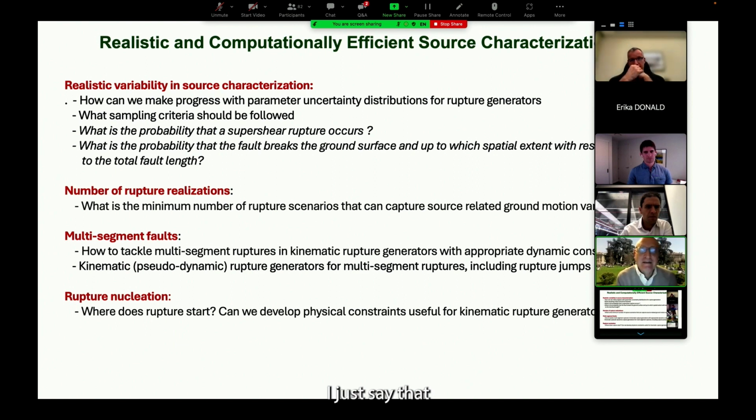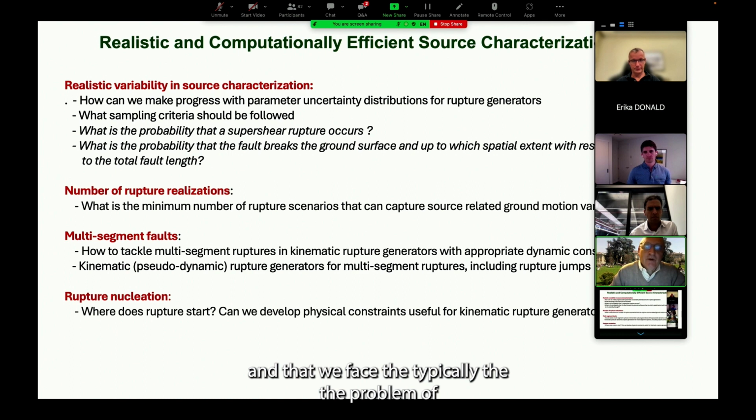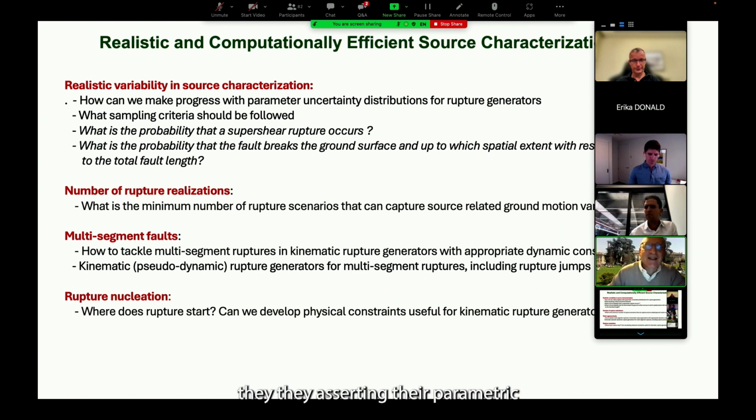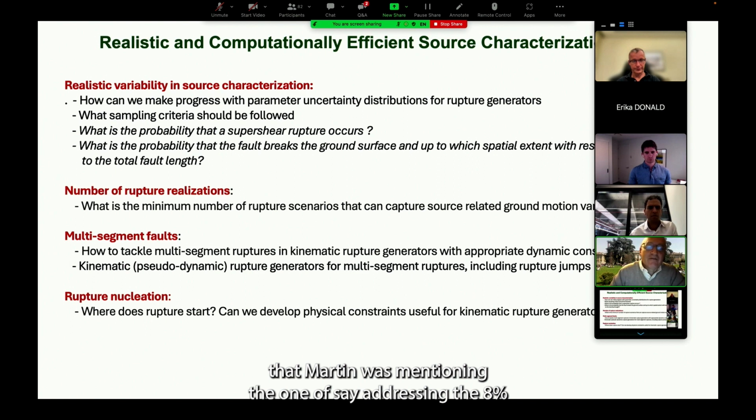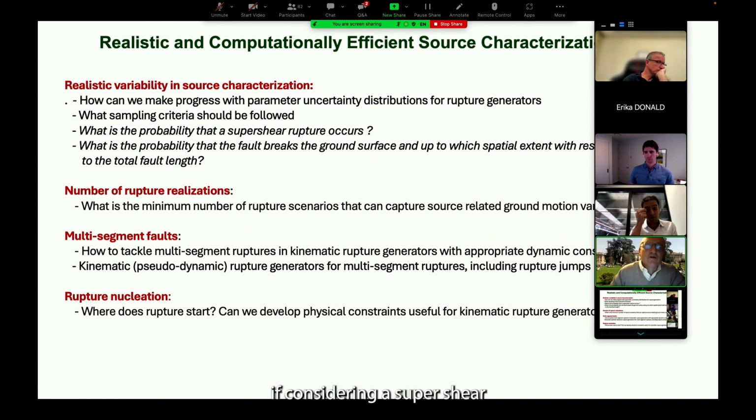I may just say, again from an end user perspective, since I am not an expert of course in source characterization, we actually faced the implementation of different source rupture model generators, and we faced typically the problem of somehow governing the uncertainty in the parametric distribution, especially those that Martin was mentioning, the one addressing the hypocenter location, again if considering a supershear.